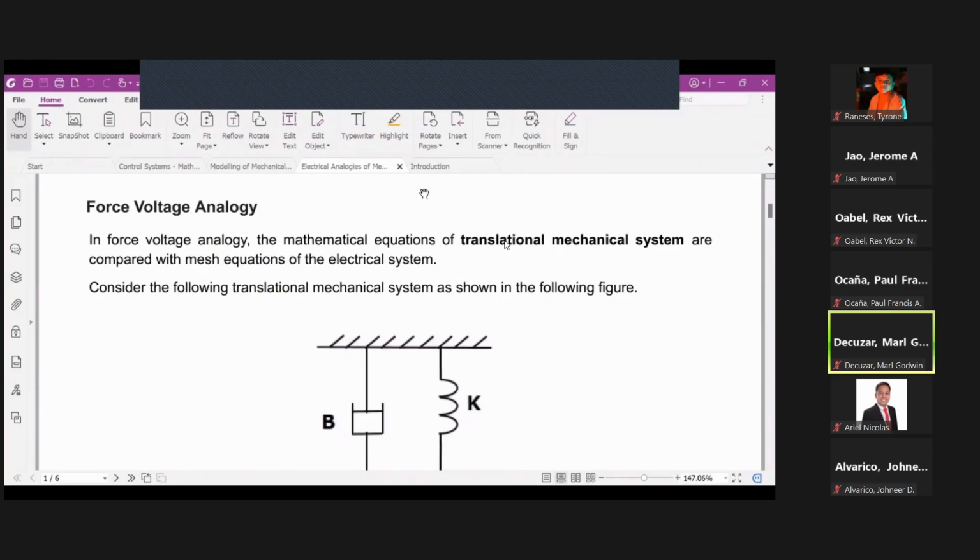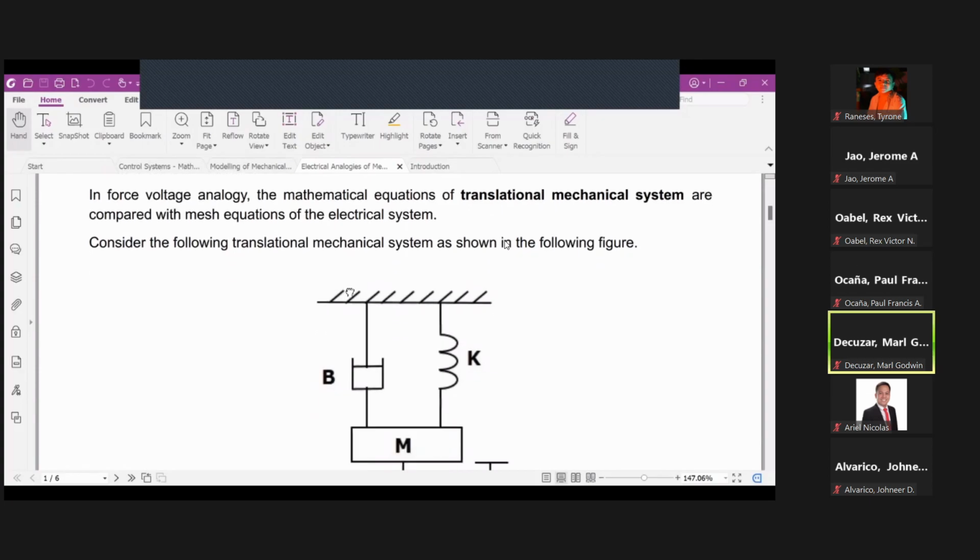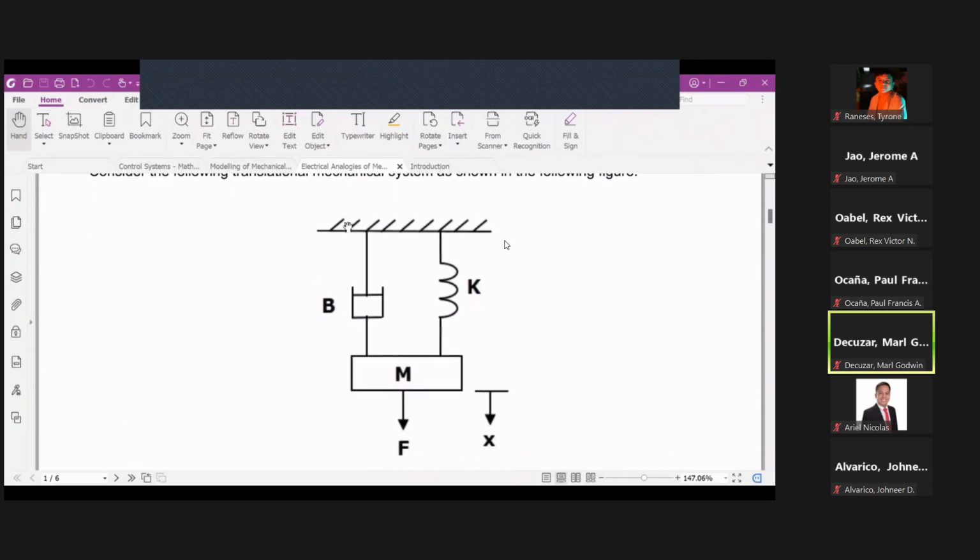In force voltage analogy, the mechanical equations of translational mechanical systems are compared with the mesh equations of an electrical system. So, we consider this translational mechanical system. So, we have 1B, or one damper or friction, we have 1K, or one spring, and we have 1M, or one mass.